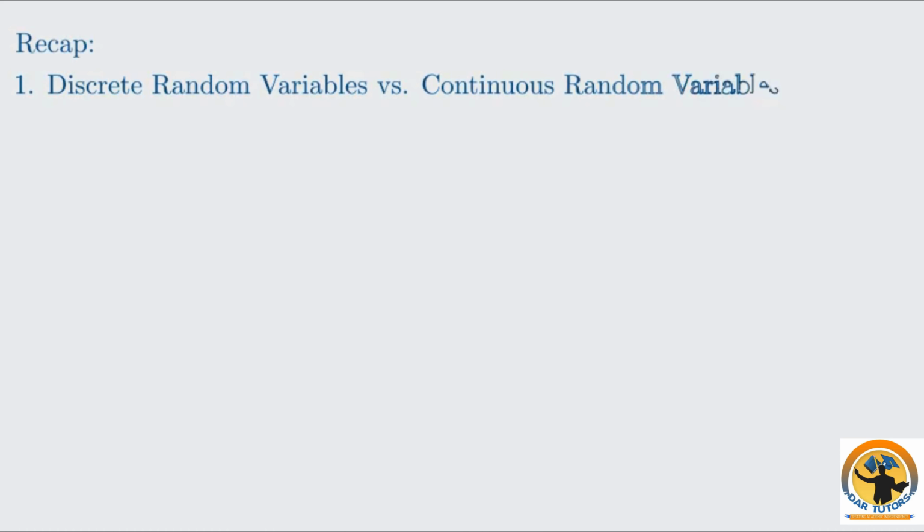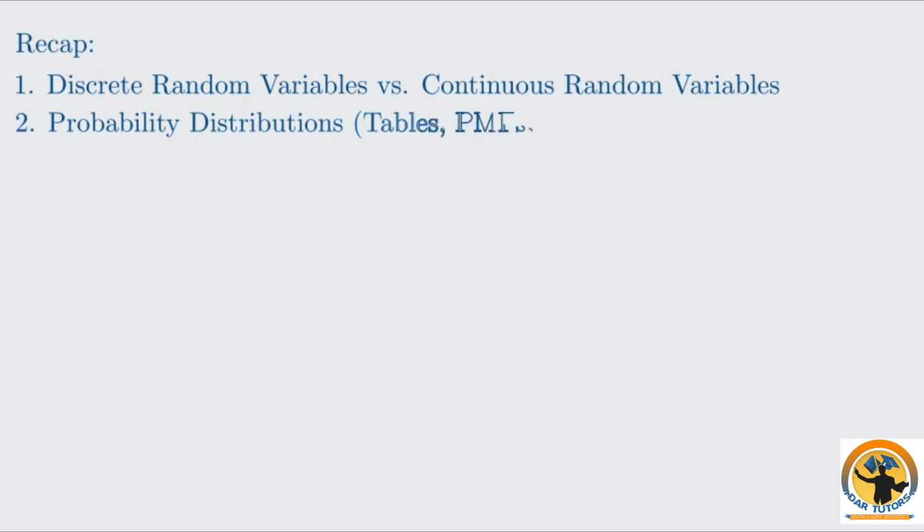Let's quickly recap what we've learned today. We started by defining a discrete random variable as a variable with countable outcomes and distinguished it from a continuous random variable. We learned how to build a probability distribution for a discrete random variable, ensuring it follows the rules that probabilities are between 0 and 1 and sum to 1.